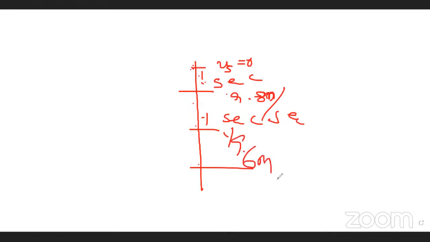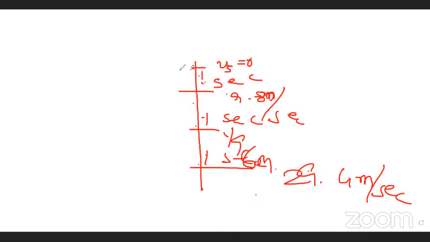After 1 more second, its velocity will be 29.4 meter per second.